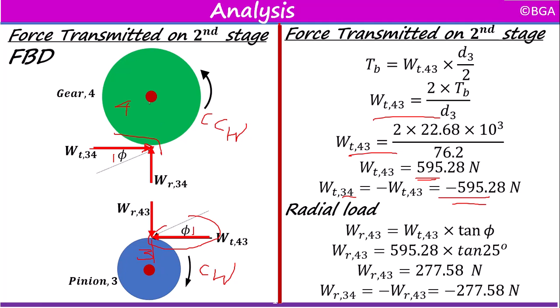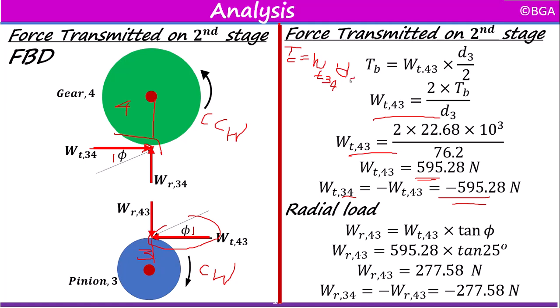Or if you prefer to consider gear 4, then you write the expression like Tc equal to this force applied, WT34 multiplied by the lever arm. In this case, the lever arm is the radius of gear 4, which is D4 over 2.